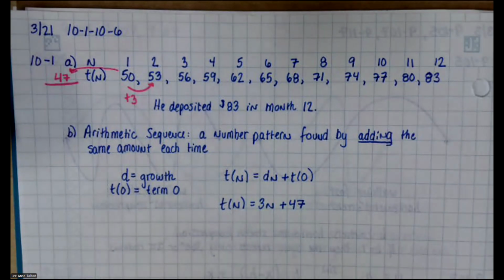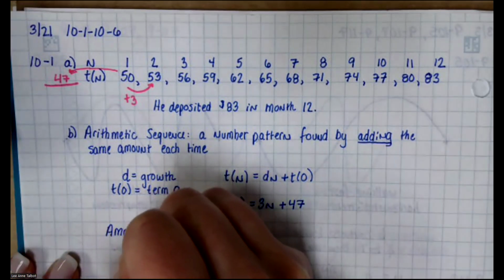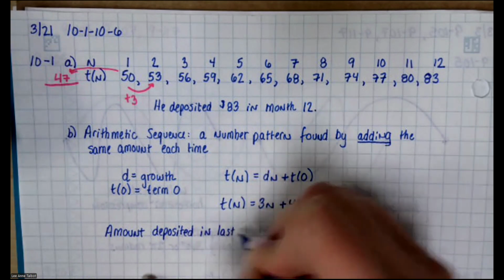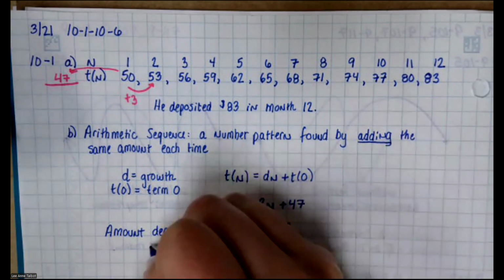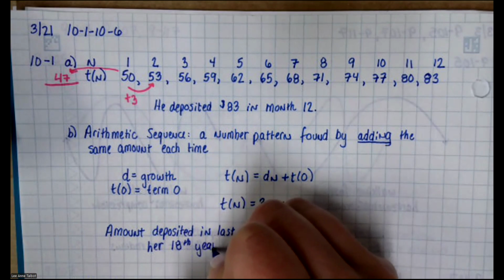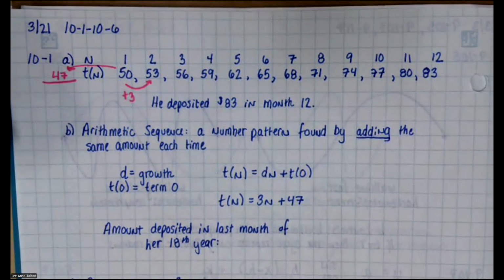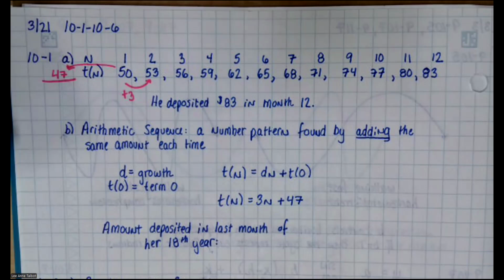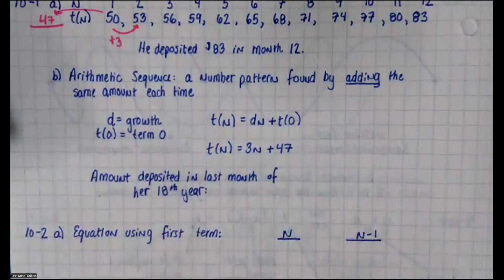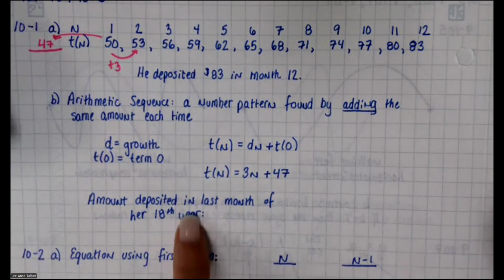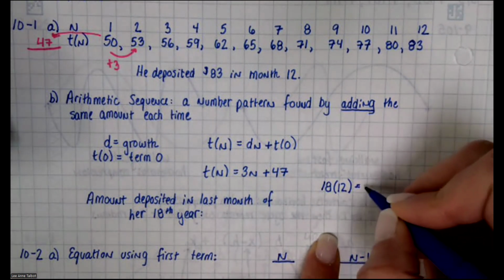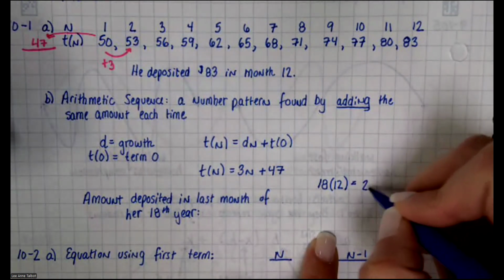Okay, this is, I think, the last thing I'm going to be able to do. We want to find the amount deposited in the last month of her 18th year. So I want to find the biggest amount he put in, the very last deposit he made. Okay. How many months would that be? 18 years worth of months. $216, excellent.